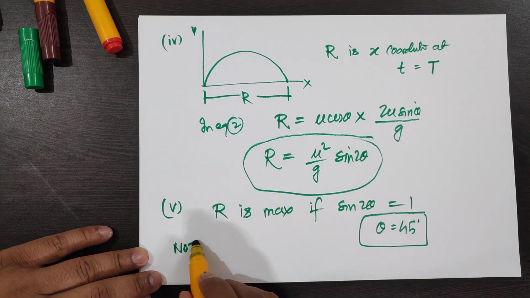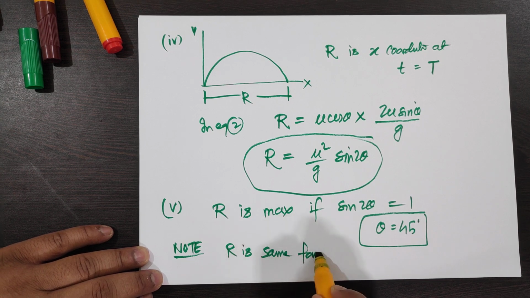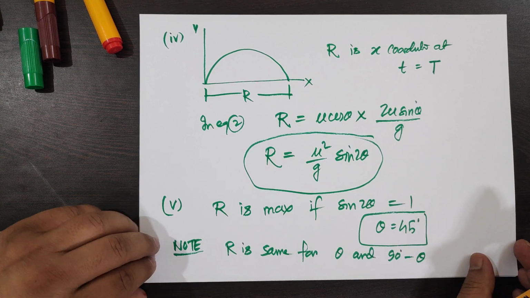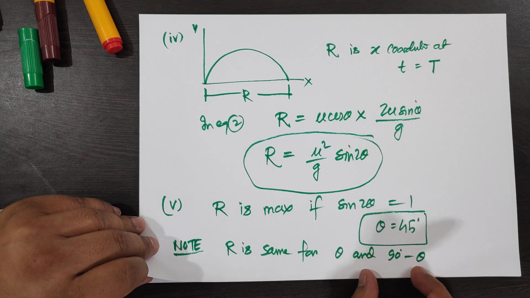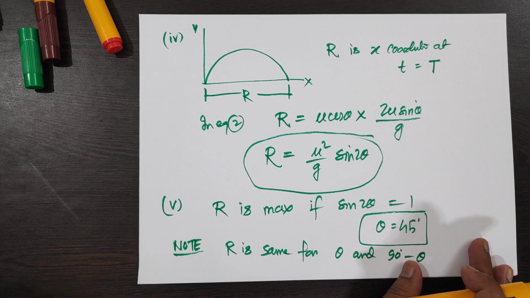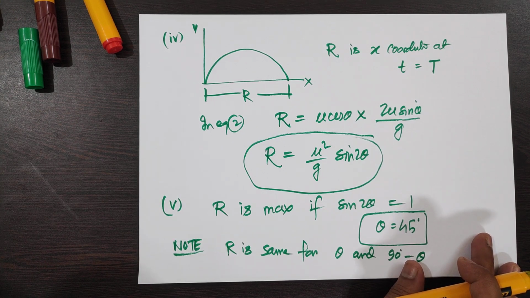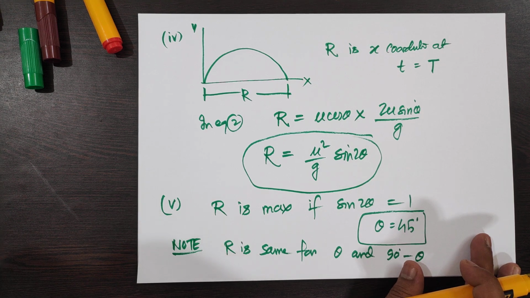Also note that the range r is the same for theta and 90 minus theta, because sine 2 theta and sine of 180 minus 2 theta are the same. So 70 degrees and 20 degrees will have the same range. 40 degrees and 50 degrees you will get the same range.